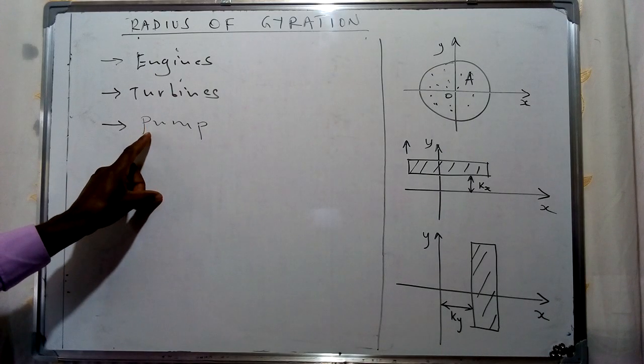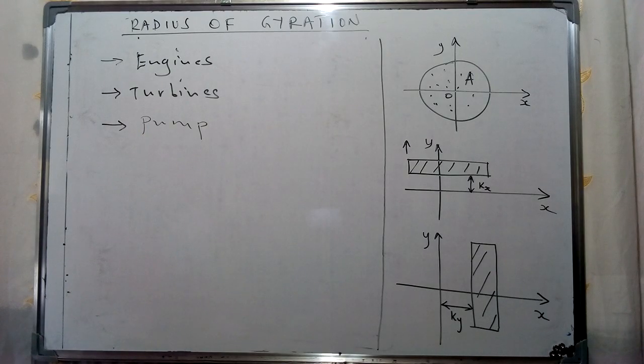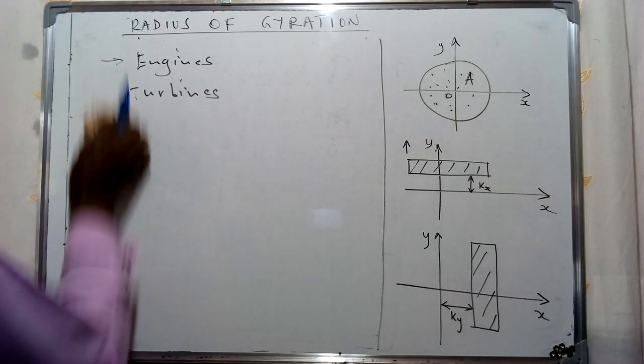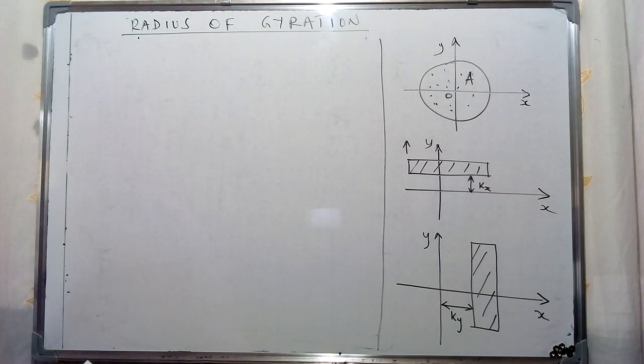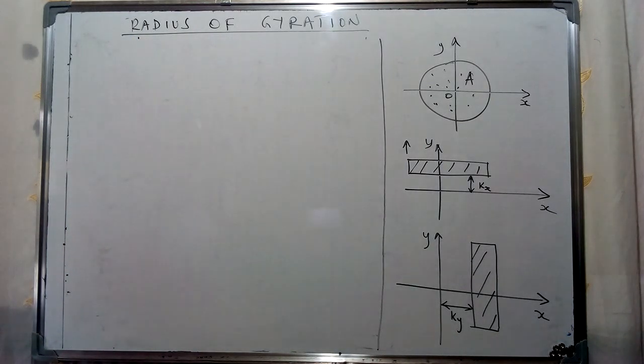Therefore, we consider the radius at which we consider the mass to rotate as the radius of gyration. We have a way of representing the moment of inertia by using its mass and this radius of gyration.